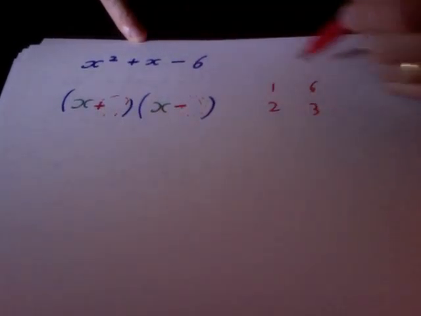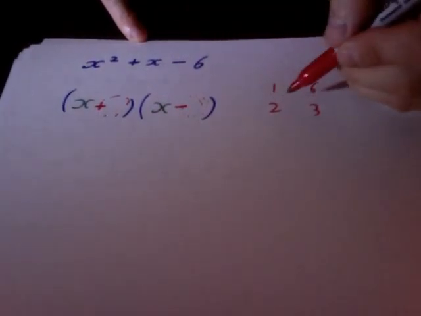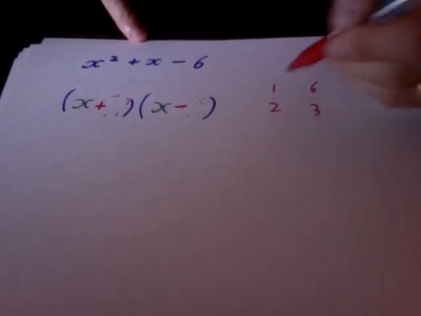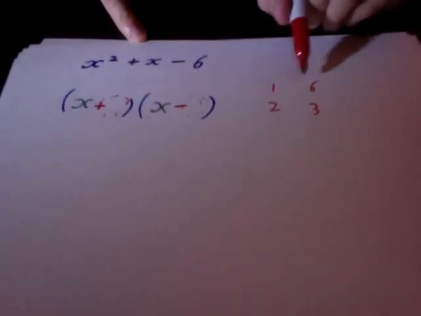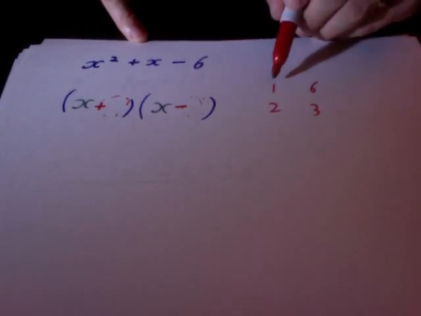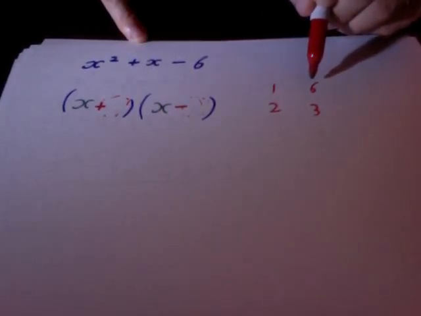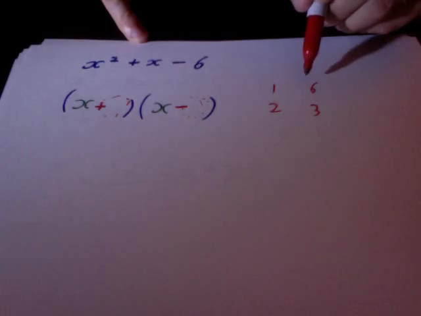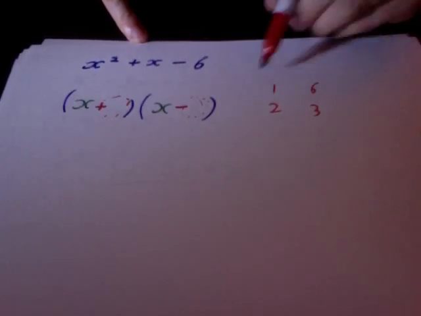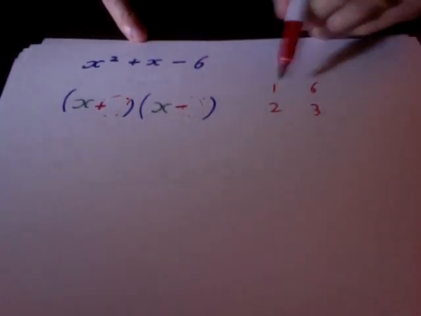So I need to find a combination here where I lose some but gain some and get a total of 1. Well, with 6 and 1, the only numbers I can make are going to be 7 and 5. Because 6 plus 1 is 7, 6 minus 1 is 5. By the way, of course, 1 minus 6 is negative 5, and negative 6 and negative 1 is negative 7.